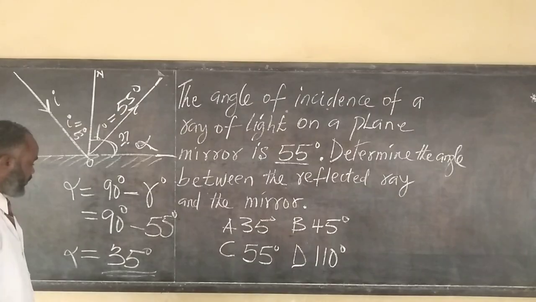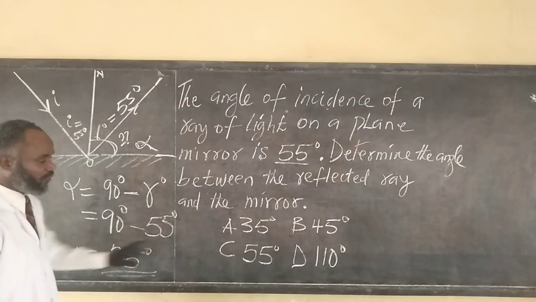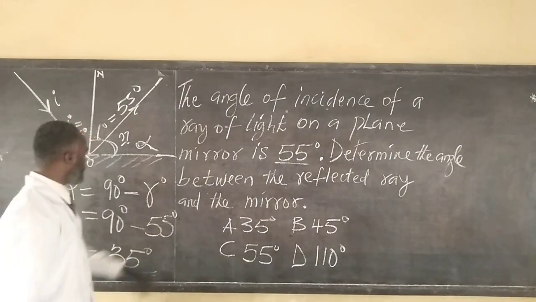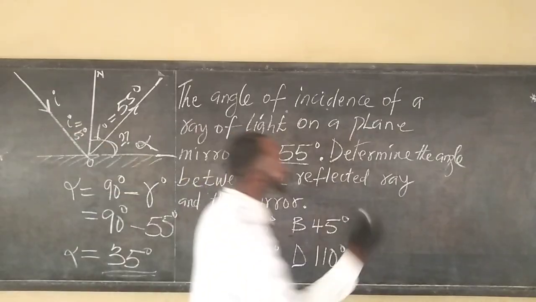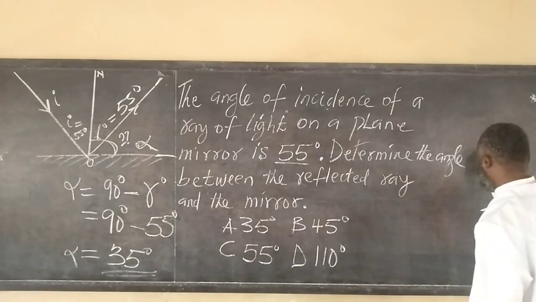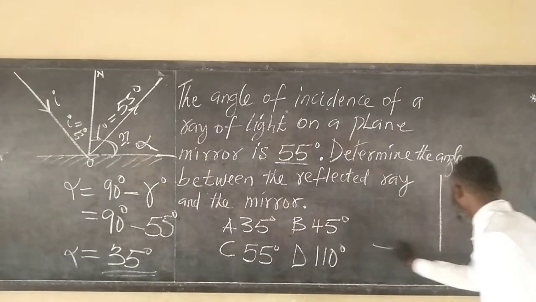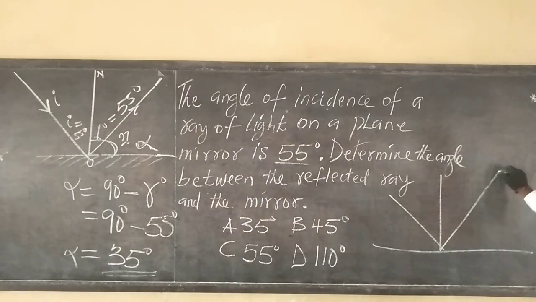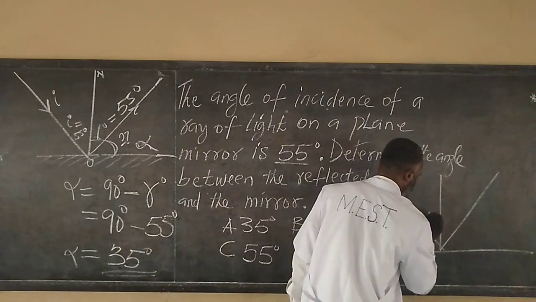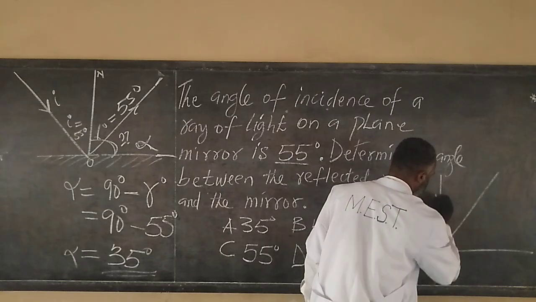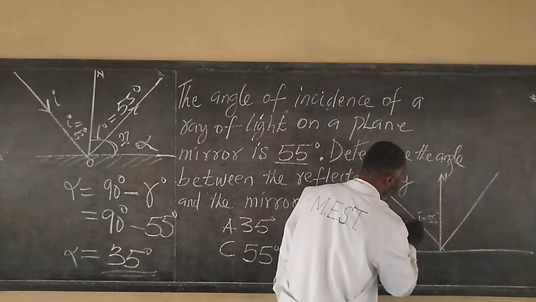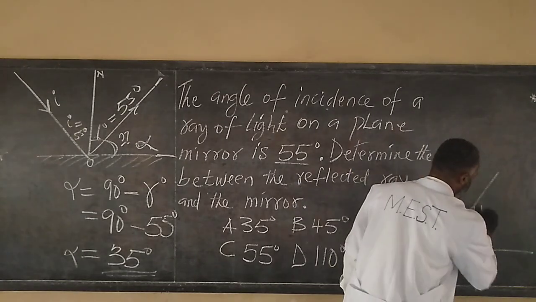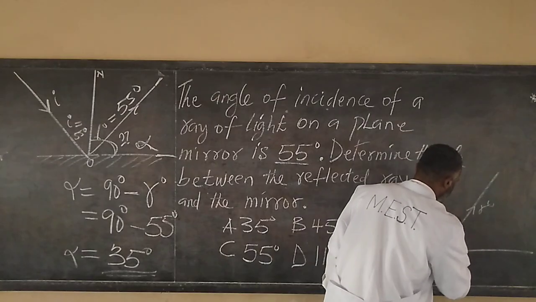So now we have found this. Of course, we can see the option is looking at us. If we redraw this, we have the incident ray and the reflected ray. Here is 55 degrees on the normal, this is reflected, and here is 55 degrees.